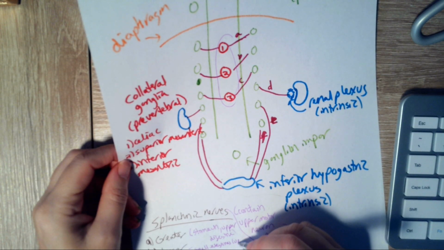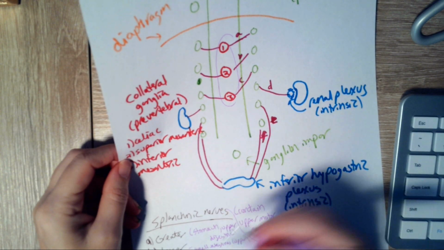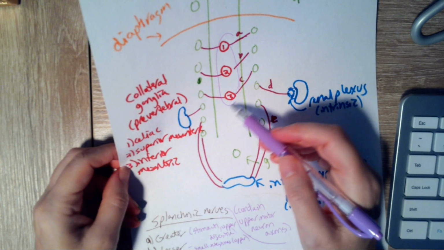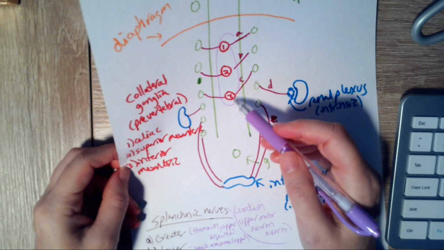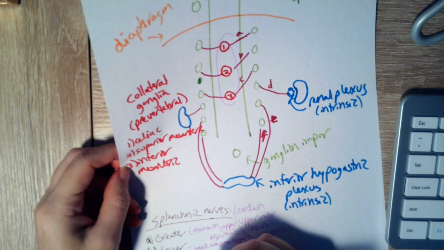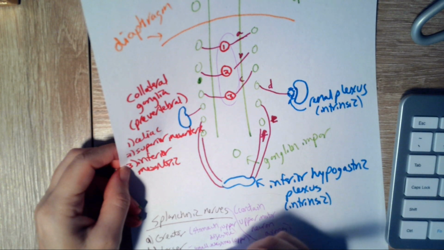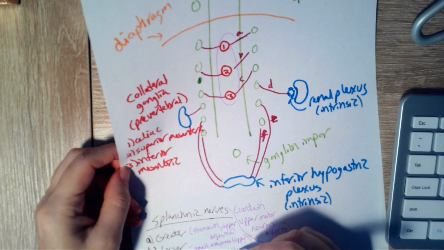So like the upper regions of that. The third one, letter C, that's the lumbar splanchnic nerve. It's going to the inferior mesenteric ganglion. So that's dealing with the large intestines and the lower parts of the small intestines.